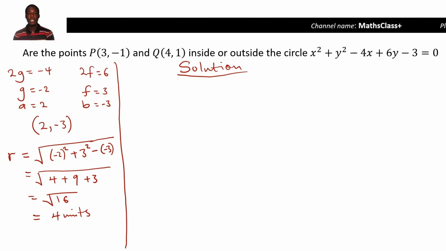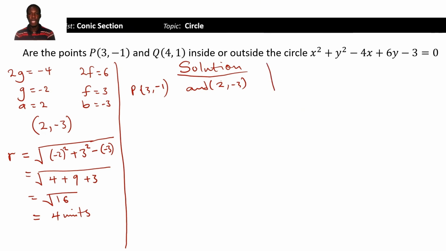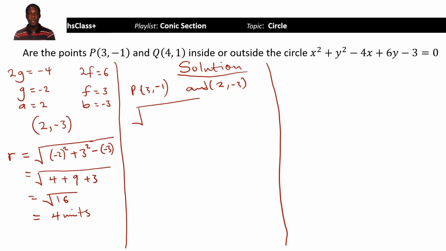Now we are going to take each point together with the center to determine the length from the point to the center and compare. We are taking the point P, which is (3, -1), and the center (2, -3). So we will have (3 minus 2) squared plus (-1 plus 3) squared.